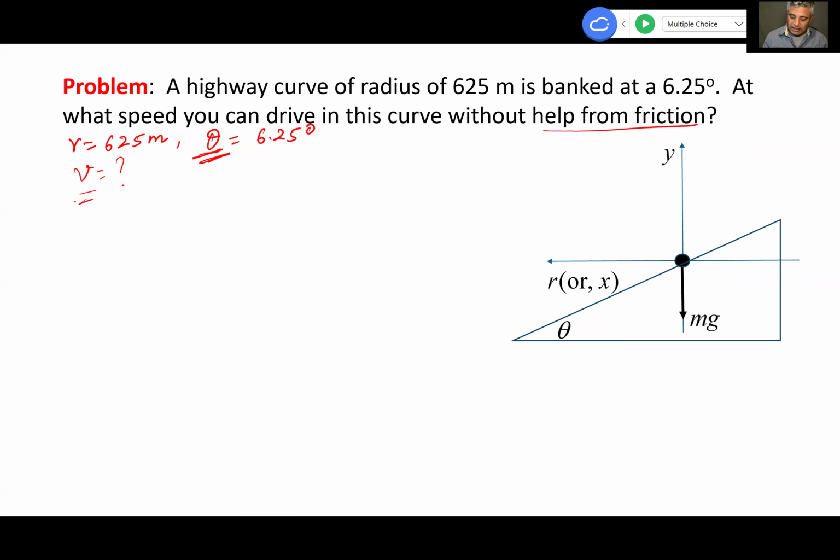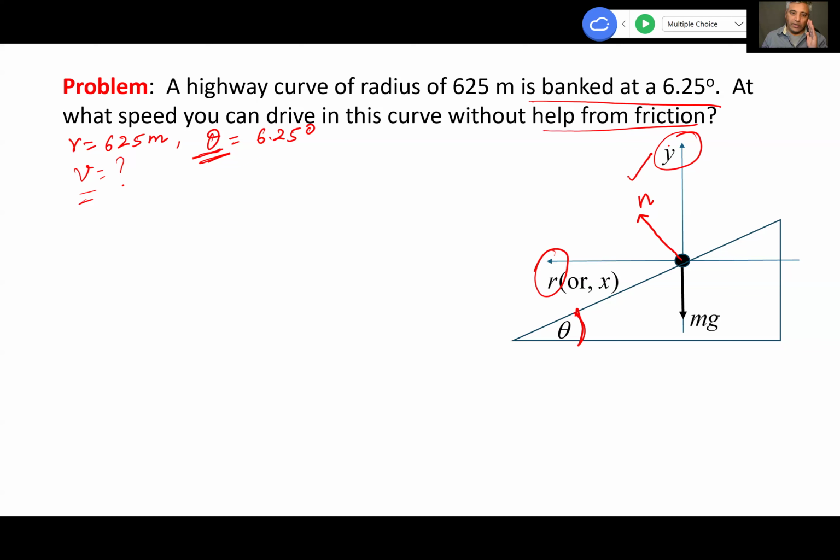So for that, I'm doing a free body diagram. Often this angle is given as the banking angle. So that means this angle is given. Weight is there, and just like I said, the normal force is going to be over here. Now we need to find the component of the normal force. Why? Because it is neither along this axis nor along that axis.